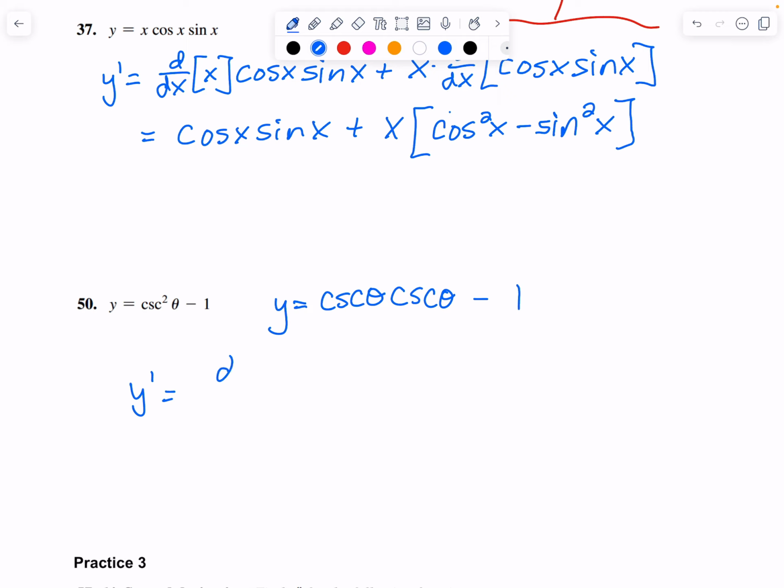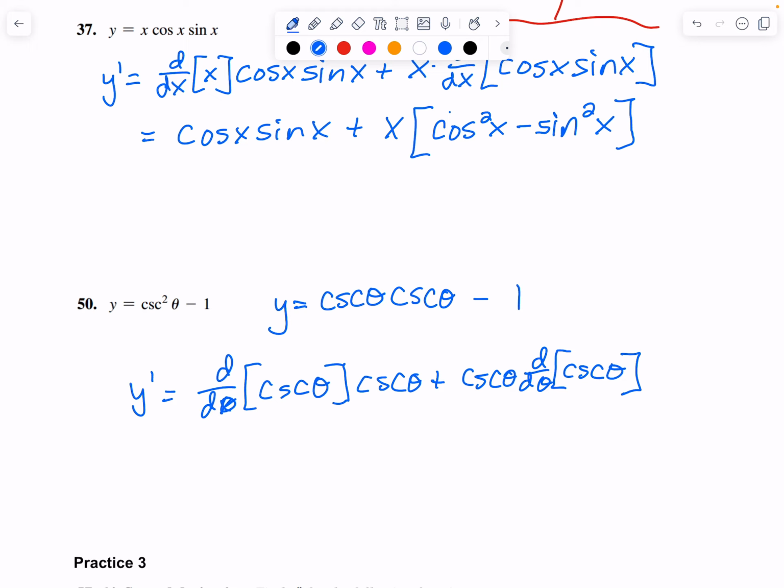So it is the derivative of cosecant. Oh, I wrote that totally wrong. I don't know what I'm writing. Derivative of cosecant times cosecant plus cosecant times the derivative of, and this is a theta, not an x, of cosecant. Kind of strange. And then the derivative of minus 1 is gone.